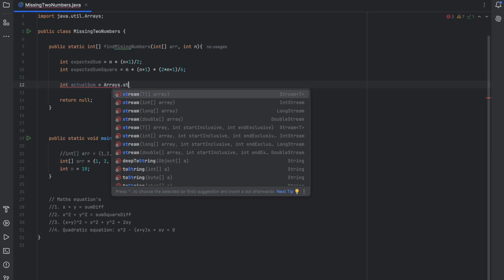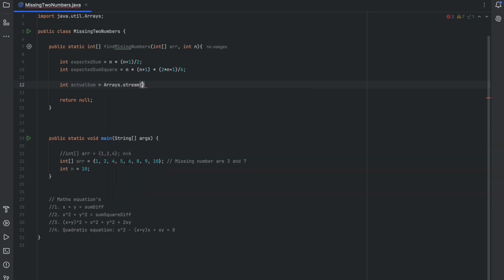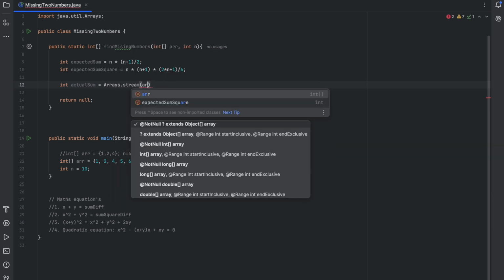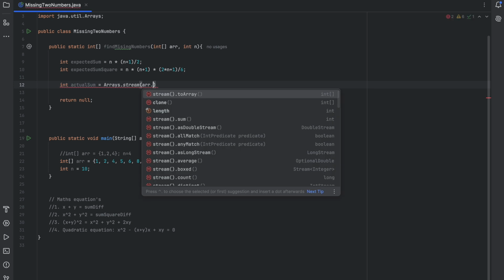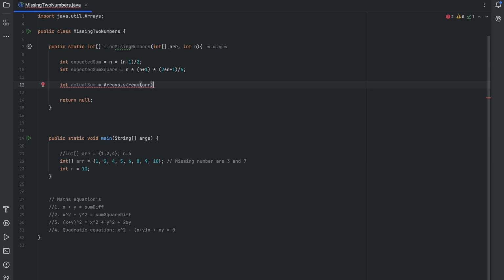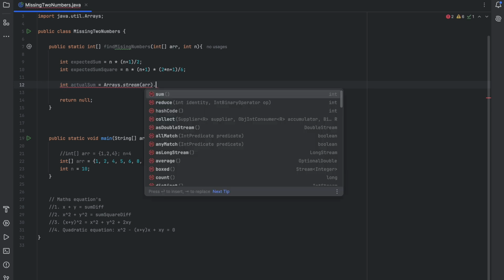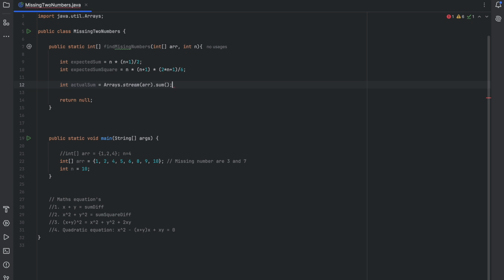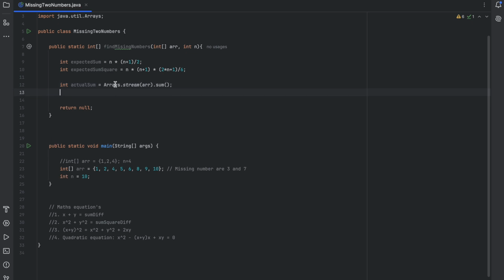We are going to use Arrays.stream(array).sum(). Perfect. So we will have our sum. We are passing this array and calculating our sum.